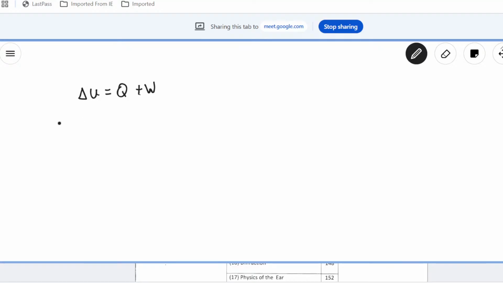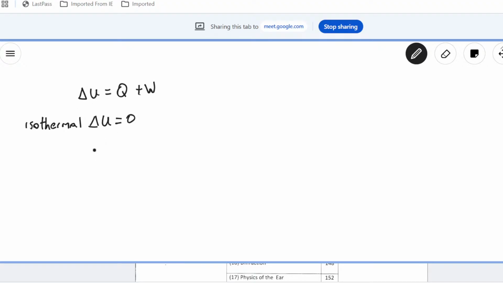In isothermal, temperature is constant, that means that delta U is 0.